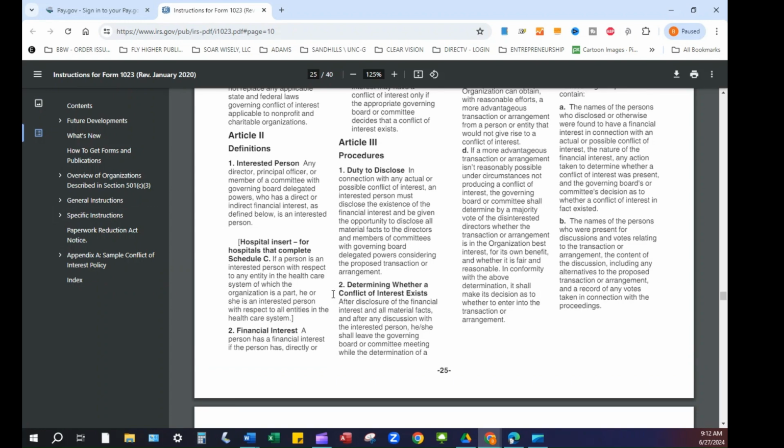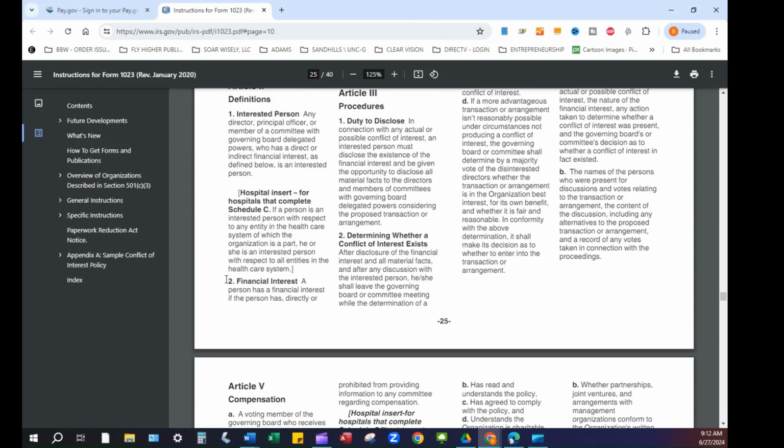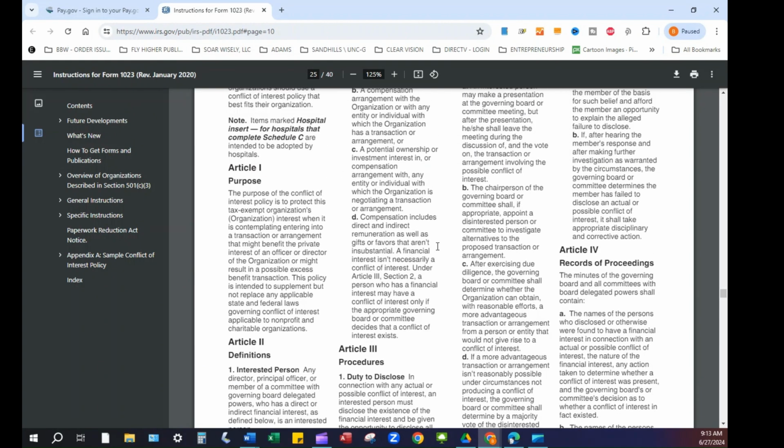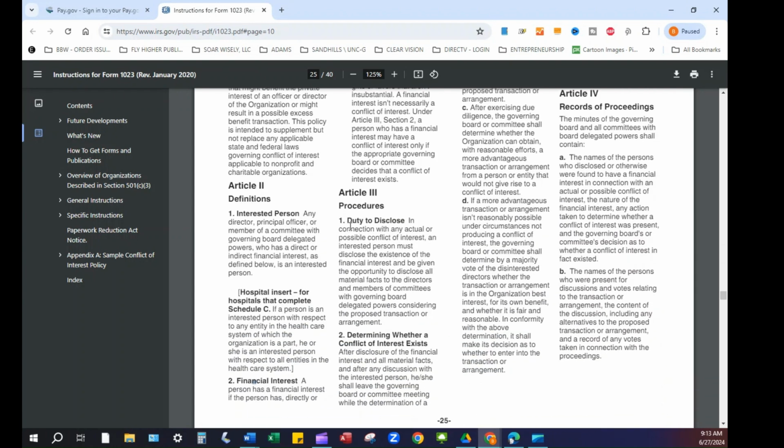I kind of doubt it, but maybe. But if not, have this up so that you can separate the categories the way you should. And there's a definition for financial interest. I just kind of gave you an example of that, right? It also tells you the procedures you need to follow. If there is a conflict of interest policy, that's why this is so important and you have to adopt this, right?